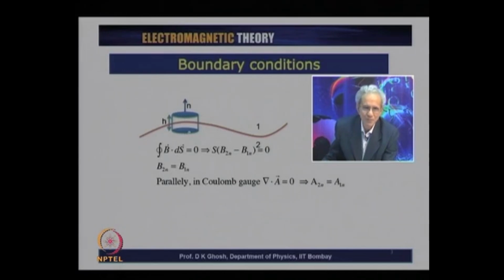So, here B is dotted with n, and the normal n is outward.